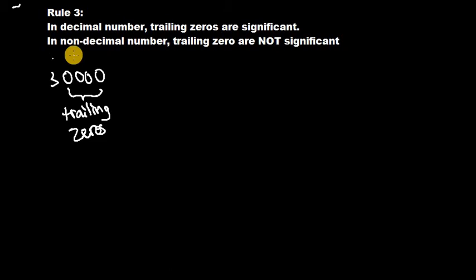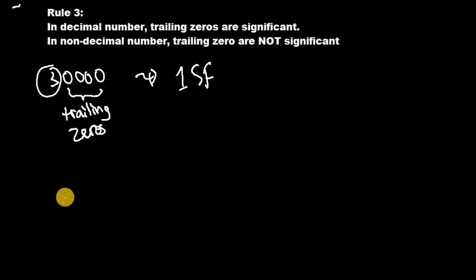Based on this rule, trailing zeros are not significant because it is a non-decimal number. We don't have a decimal point here. It means we only have one significant figure, the 3.